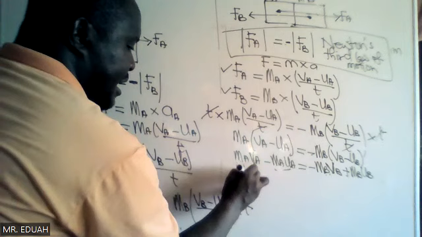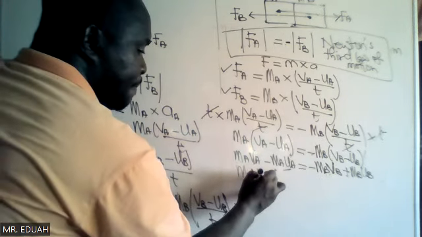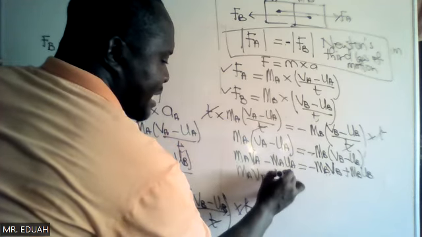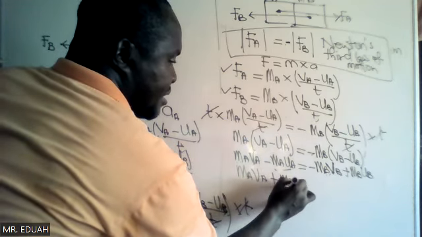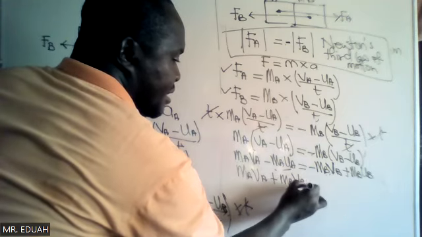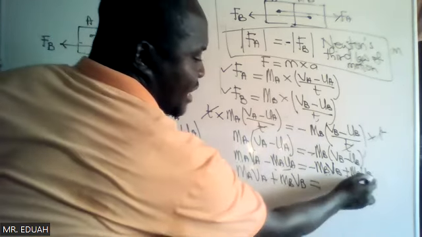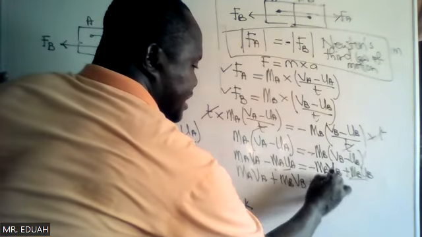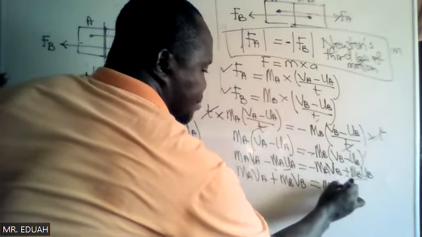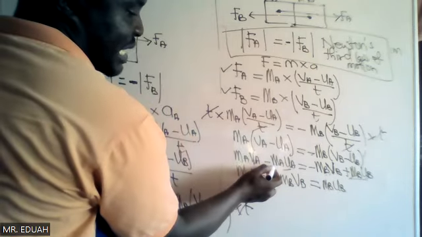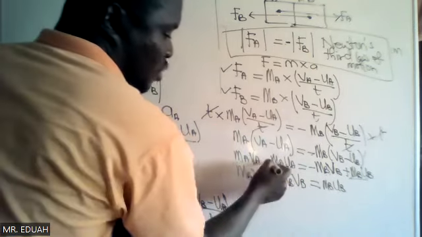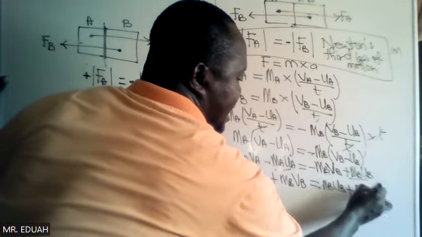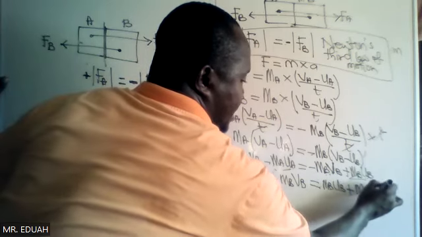So MA VA plus MB VB is equal to, this is already plus, this is already plus, so MB UB, this is negative, this is U, it has to go there, but it's negative, so plus MA UA.